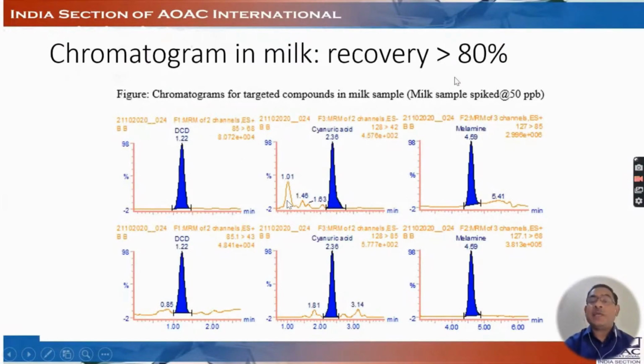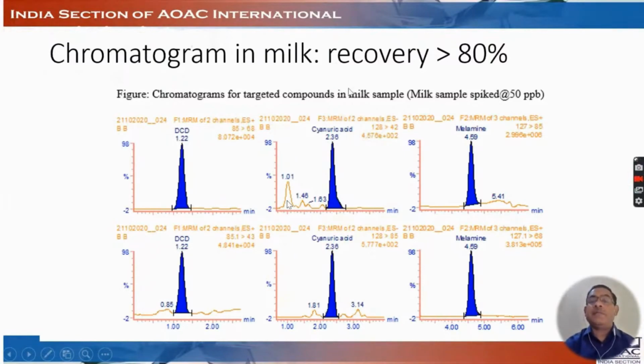So we could achieve recovery more than 80%. When you use a solvent standard, because of high matrix effect, the recovery is not consistent. In certain compounds, recoveries are a bit poor. But what we found is that although recovery was poor, it was consistent.